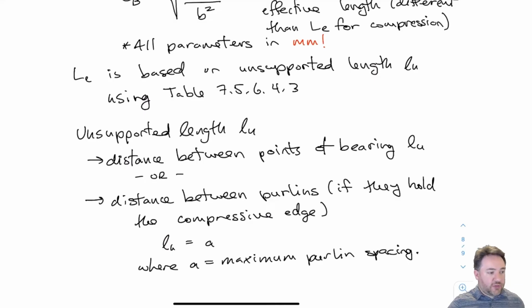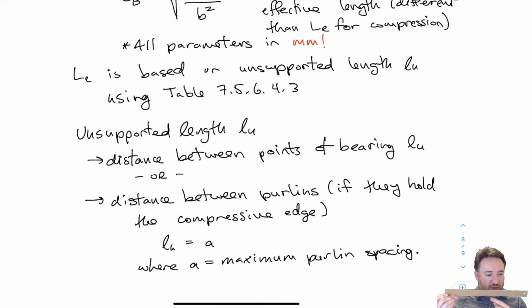So the unsupported length is, as I said, either LU or A. My LU is either the total length, if I only have supports at my point of bearing, or the distance between purlins if I have purlins along the length of the beam that are laterally supporting the compressive edge at those points. Now, if my beam goes over a support, say it's a multi-support beam, so I have a support in the middle, then at the middle I actually have compression in the bottom instead of the top as I go over an intermediate support.